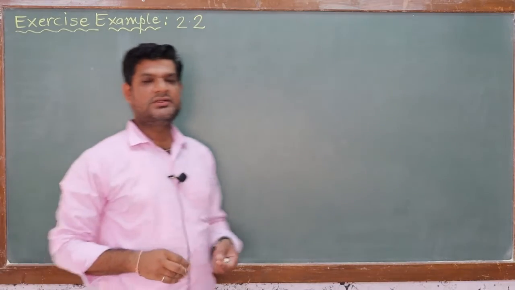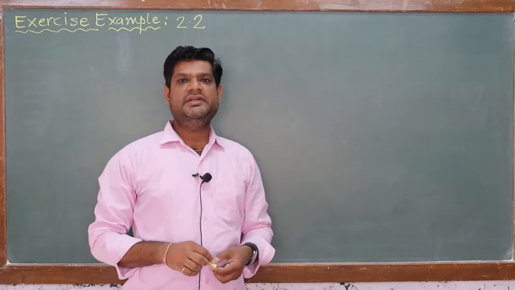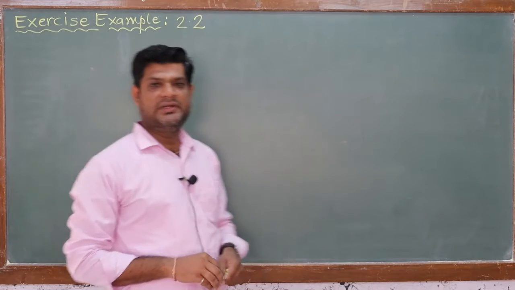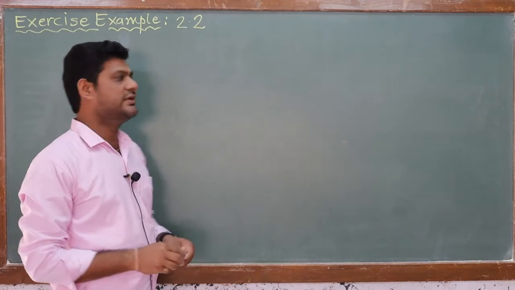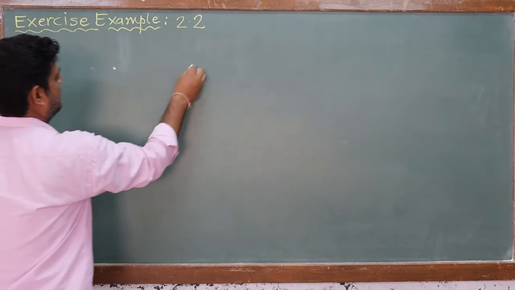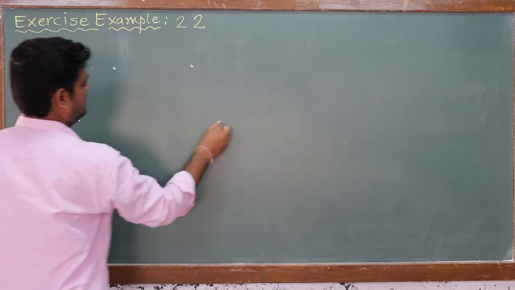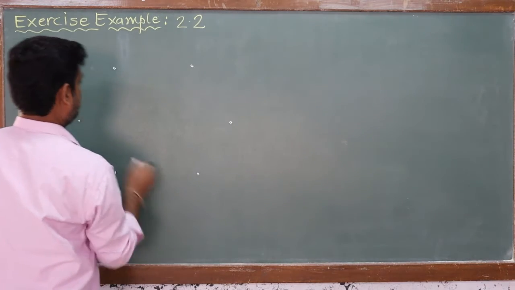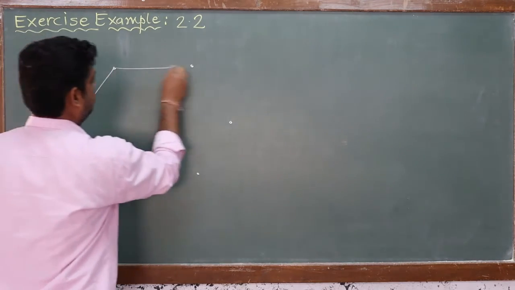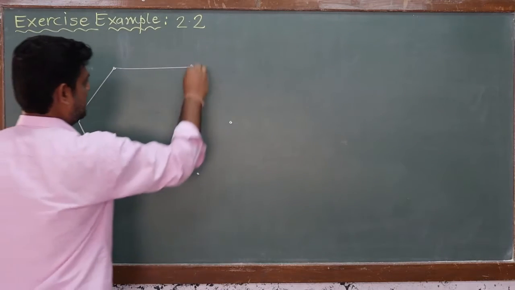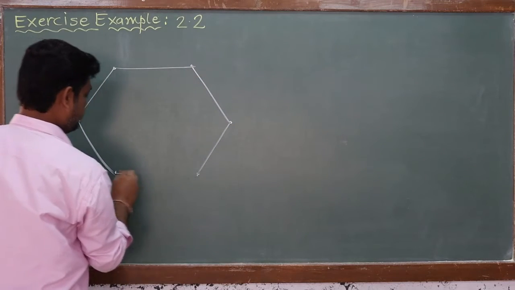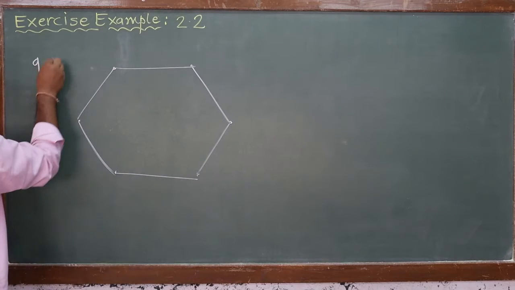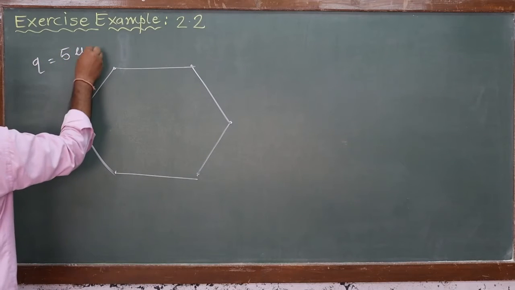Exercise example 2.2. What is given in that? In that example, one hexagon is given. On the vertices of the hexagon, the charges are kept. The magnitude of charge is Q equal to 5 microcoulomb.